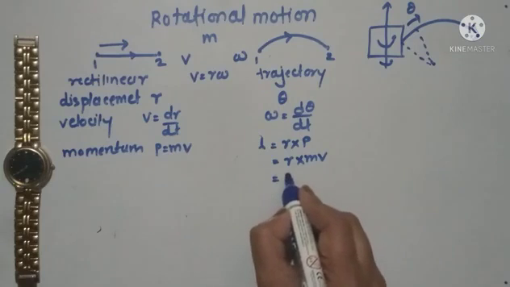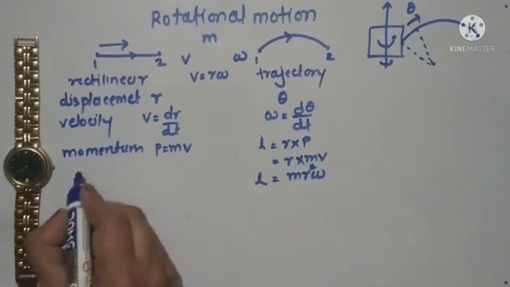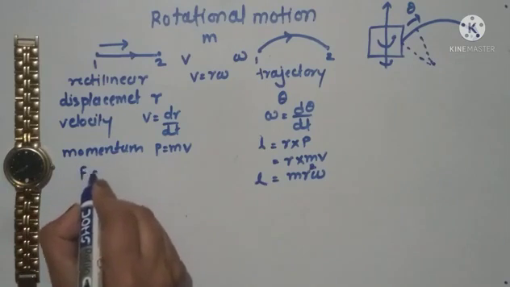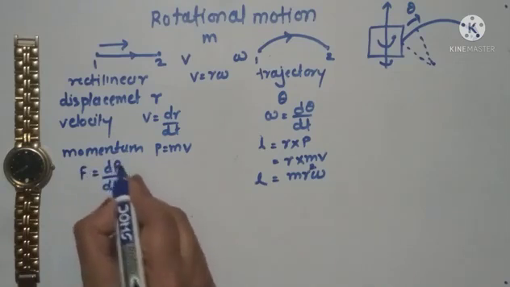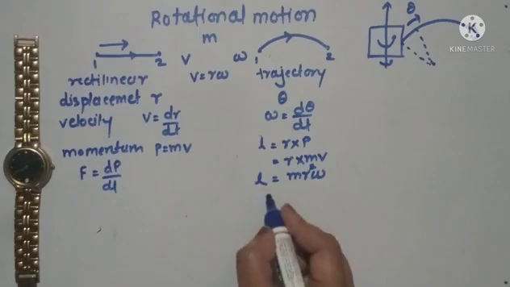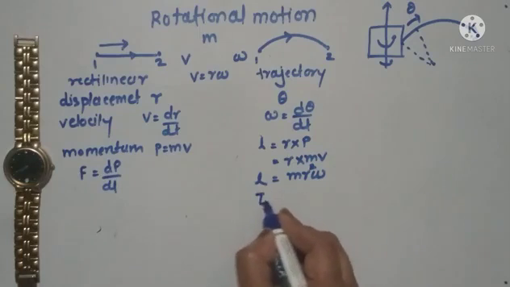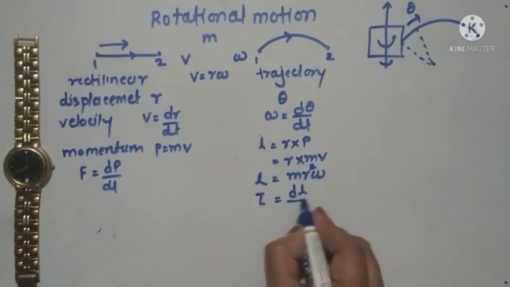Therefore, it can be written as m into r into omega. In a linear motion, according to Newton's second law, F is equal to dp upon dt, the rate of change of momentum with respect to time. Similarly, the force required for rotational motion is called torque and it is given by dL upon dt.